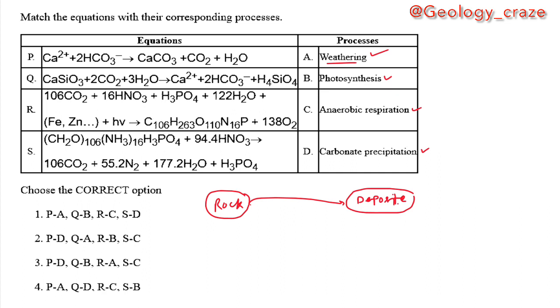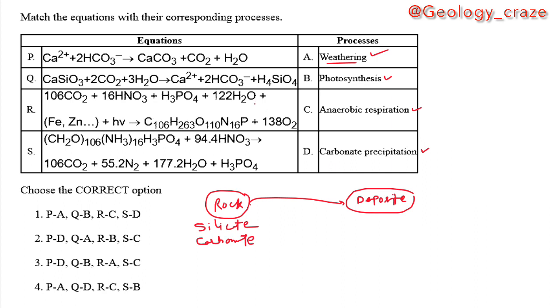The parent rock may be silicate or carbonate. When silicate breaks, it converts into a new sedimentary rock.